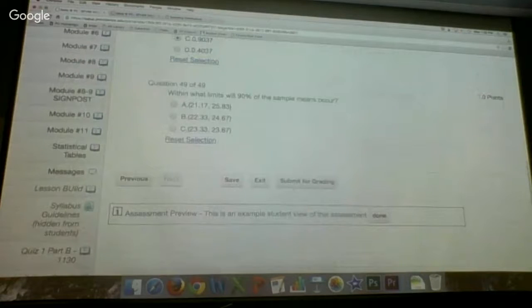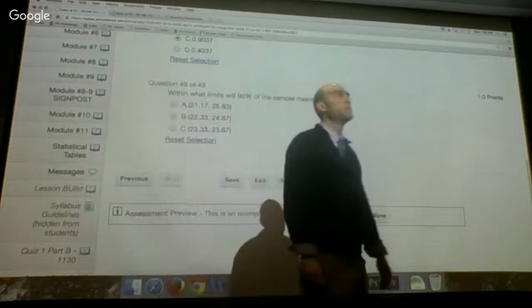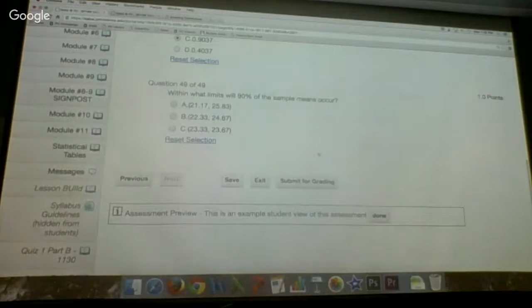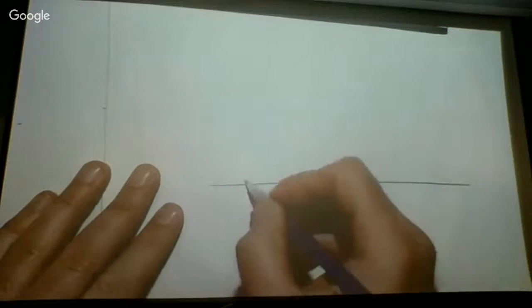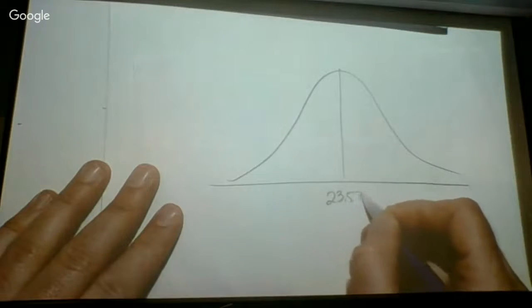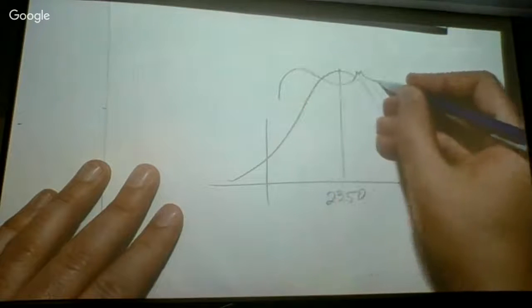Question 49. Within what limits will 90% of the sample means occur? We're basically coming full circle back to that first one that threw people for a little bit of a loop. This one says we are normally distributed around a mean of $23.50, and we want to capture 90% of stuff.